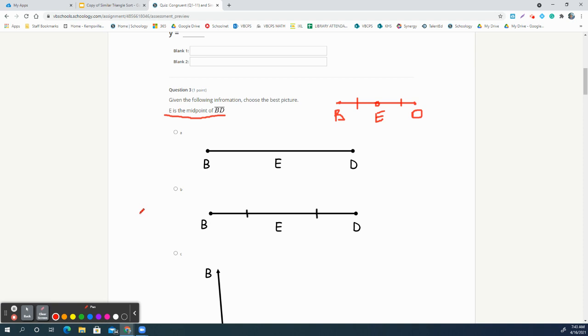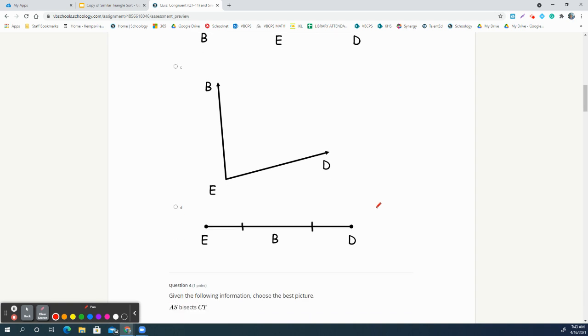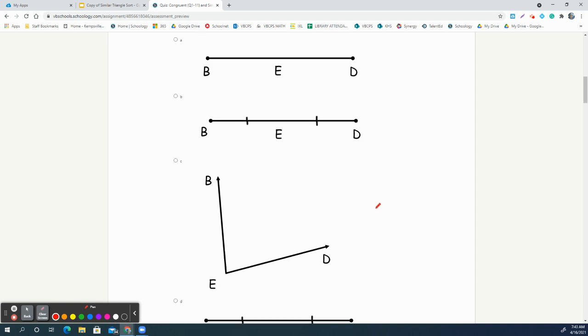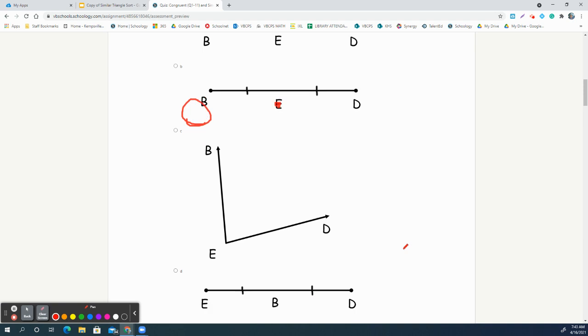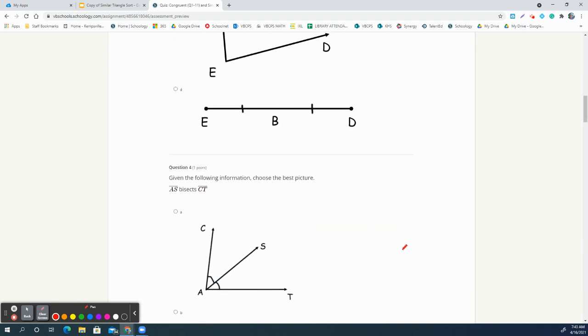So that's what I'm going to look for. We can definitely look at question 10. That is on my list. So if I look at this, B and D are endpoints and E is in the middle. There should be a dot right there, but that is definitely the best answer. Right?